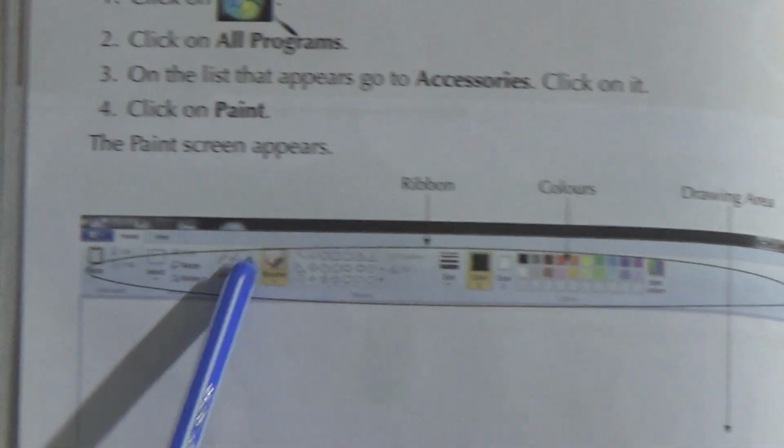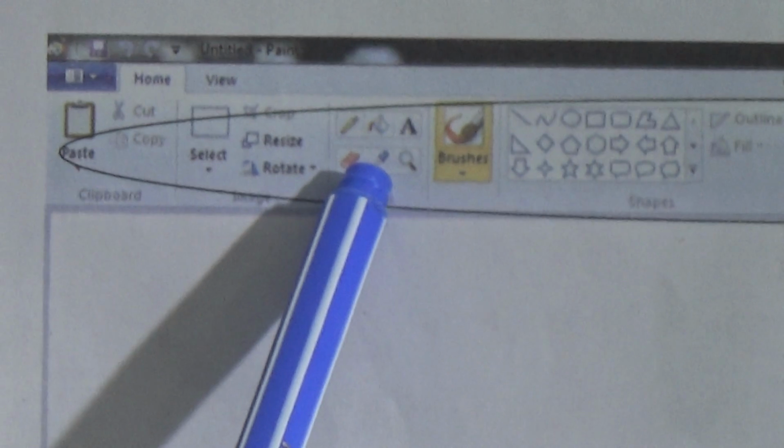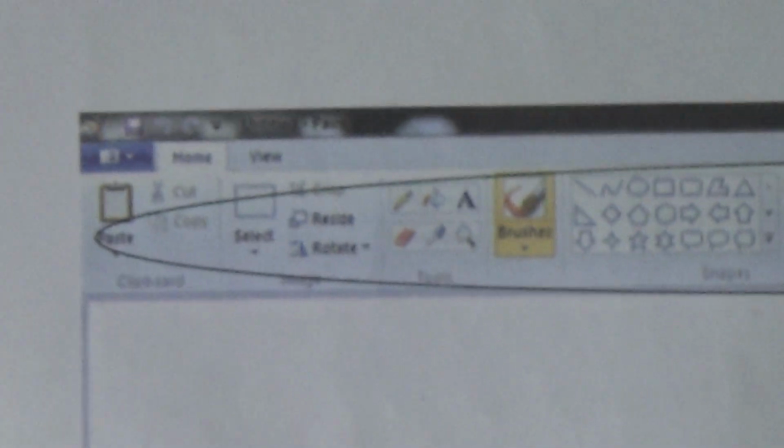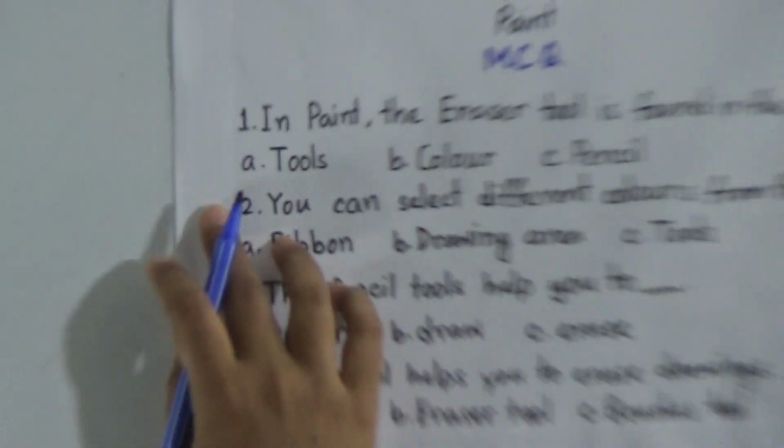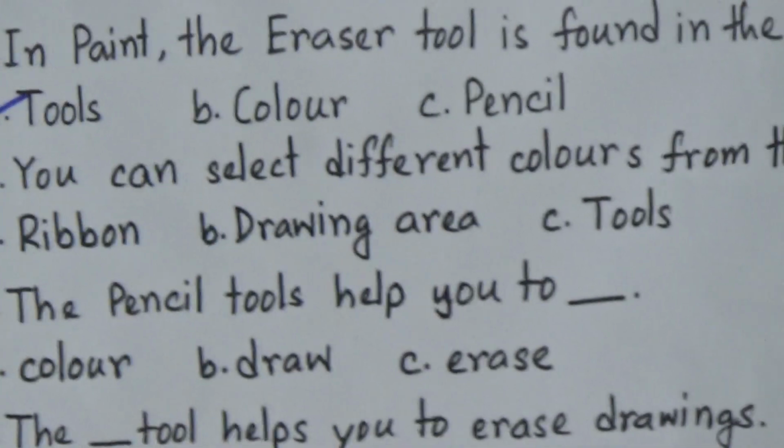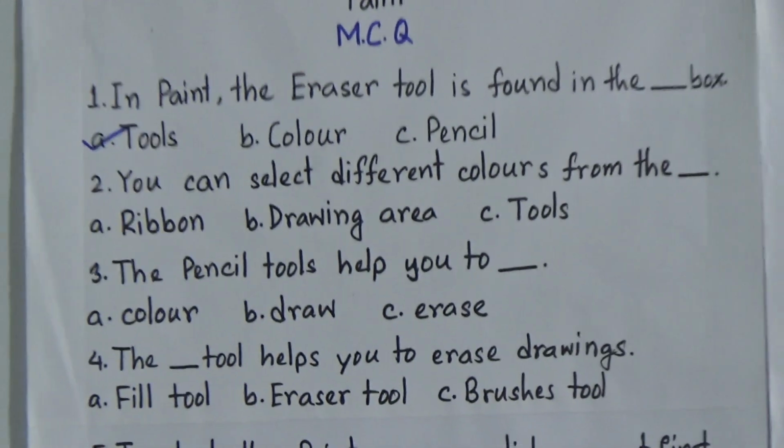Where will you find the eraser tool? In this toolbox you will find the eraser tool. That is the eraser. All of you go to page 34, and in the ribbon, there is the tools box, you will find it here. So what will be our answer? Yes, all of you were right. Our answer will be option A, tools. So we will find the eraser tool in our tools box.